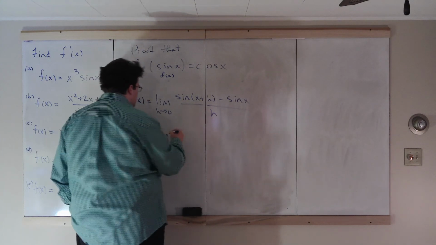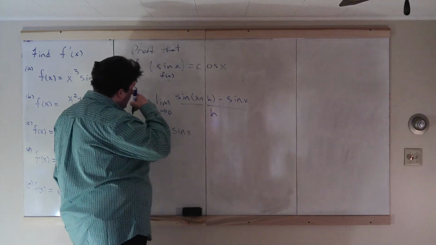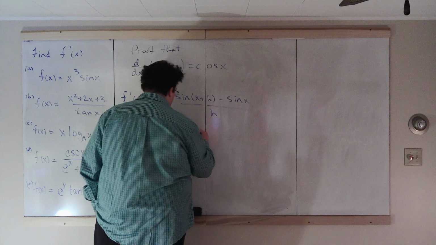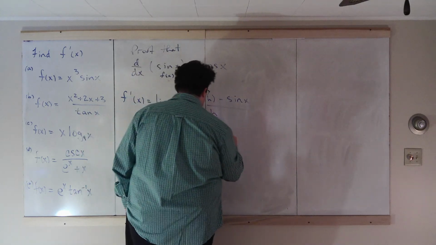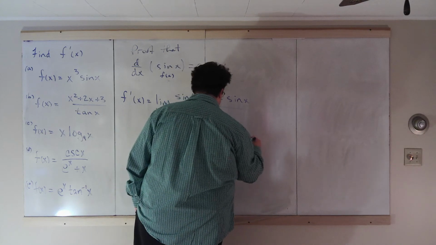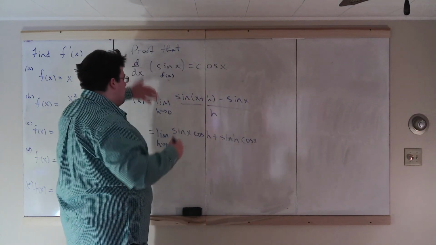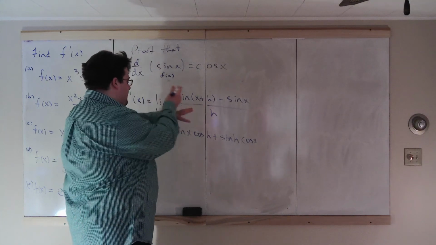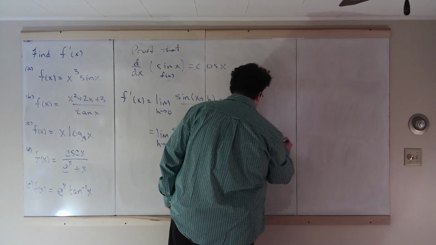The only time it'll show up is here, and I'm not going to ask a proof of this. But the sine of x plus h is sine of x cosine of h plus sine of h cosine of x. So it's sine of the first variable, cosine of the second, plus the opposite, sine of the second, cosine of the first. And then we'll leave the rest alone.